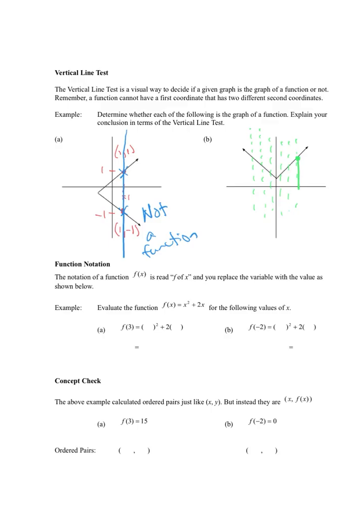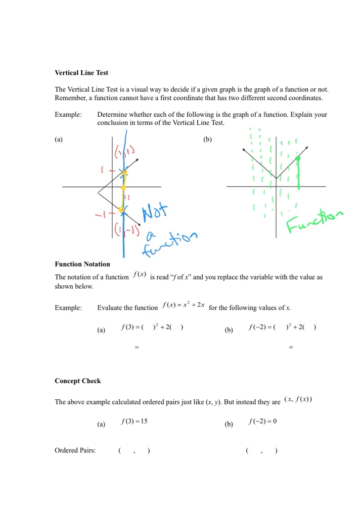Whereas over here, I highlighted in red, I have an x coordinate that has two different outputs, not a function. The one on the right, example B, is a function. All right, so you'll see some problems based on that in the homework.